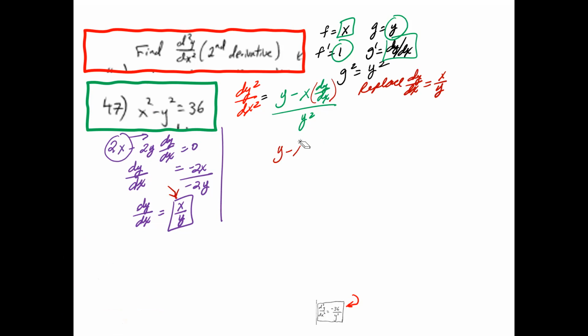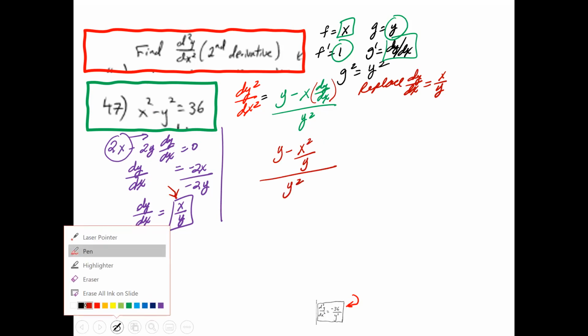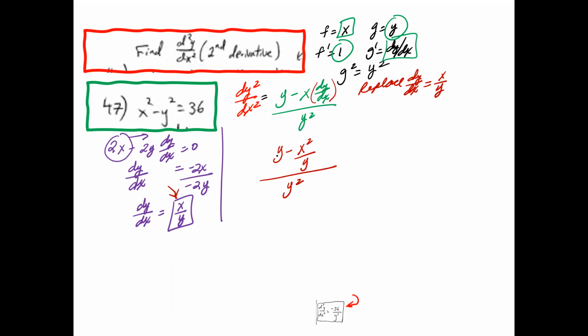So my numerator is going to give me x squared over y. So it looks very similar to what we did in the beginning. And again, I don't like having a fraction within a fraction. So I'm going to make it a common denominator. So when I have that y multiplied top and bottom, I have y squared minus x squared over y.